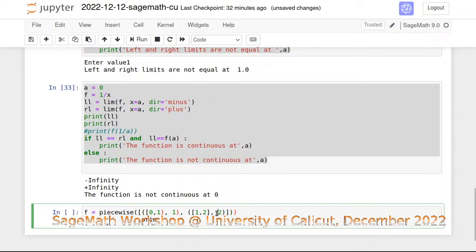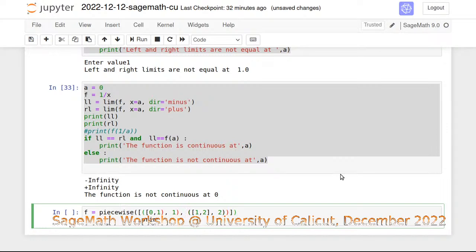Let me just see. So this is 0 1. This is the definition of the first piece, and this is the definition of the second piece.